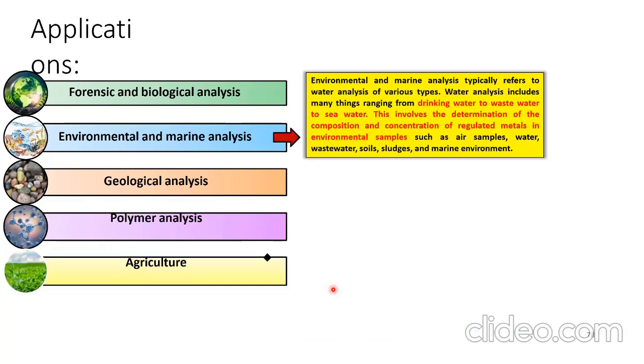Then for environmental and marine analysis, as I have told, from drinking water and wastewater to seawater, various contaminations are present. This involves the determination of composition and concentration of regulated metals in environmental samples, such as air samples, water, wastewater, soils, sludges, and marine environments.